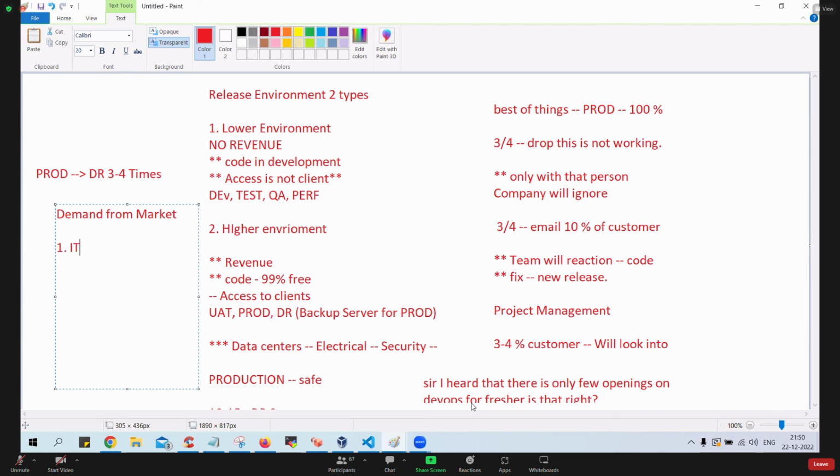As an IT company, I got a new project. What should I do? And the client is asking me to do the project in the DevOps model only. You tell me, you give the answer. Should I hire freshers or experienced? Simple answer. They want experienced people only. The answer seems to be experienced here.